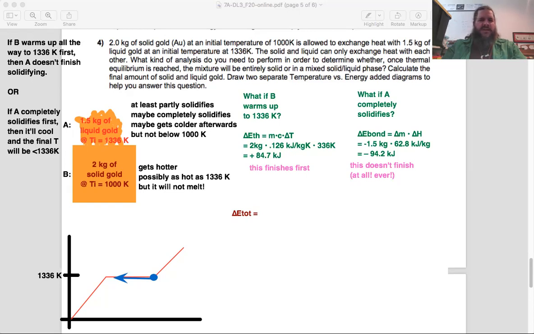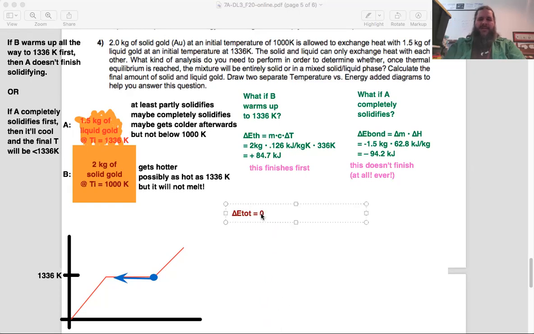Is it exchanging heat just A and B with each other, or is there anything else it's exchanging heat with? Yeah, it does say the solid and liquid are exchanging heat only with each other, so we can treat that as a closed system. So delta E total equals 0.